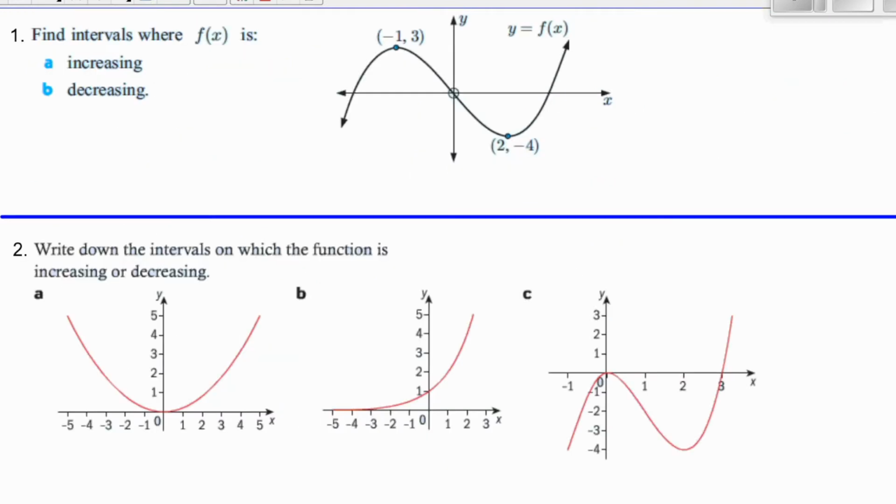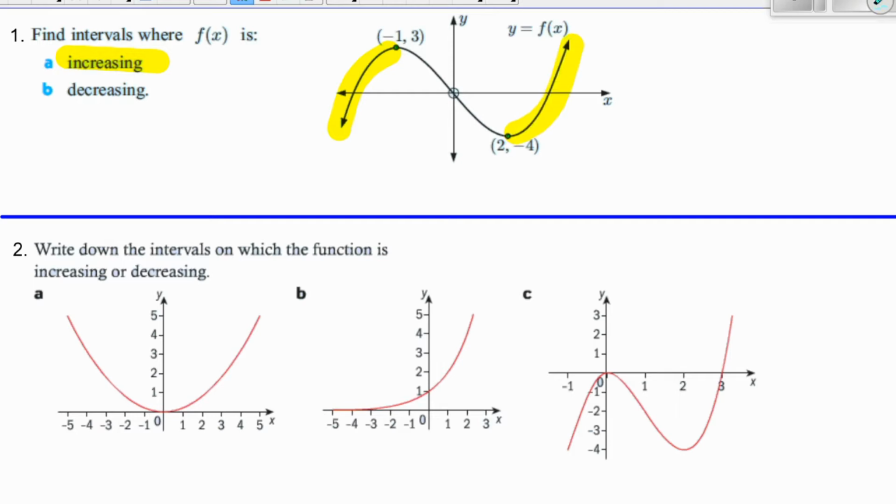Let's look at some examples here. Find the intervals where this function is increasing. I'll just use a highlighter to give you an idea of what to do here. Let's first observe where the function is increasing. This portion here, the function is increasing, and this portion here, the function is increasing.